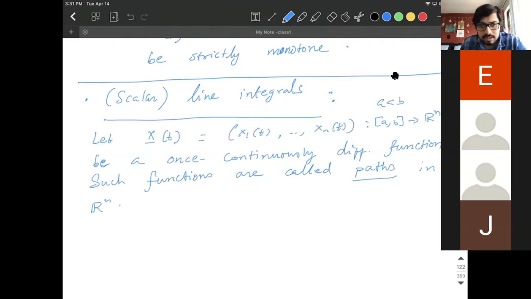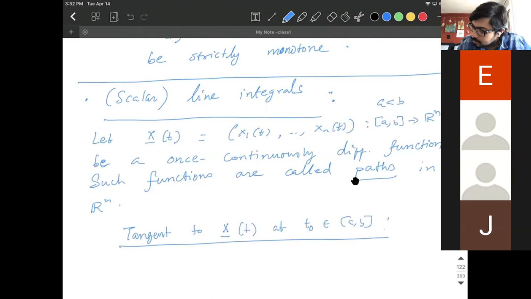Okay, so then once again, we define a line tangent to this x(t) with this technical definition. So the tangent to x(t) at t naught is defined in the following manner. T of t is given by x(t naught) plus (t minus t naught) x prime at t naught.